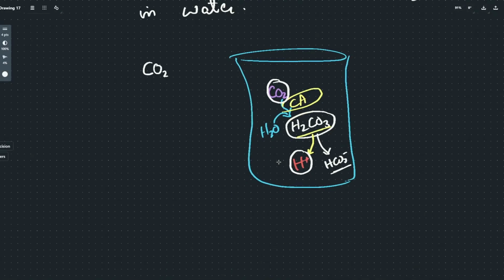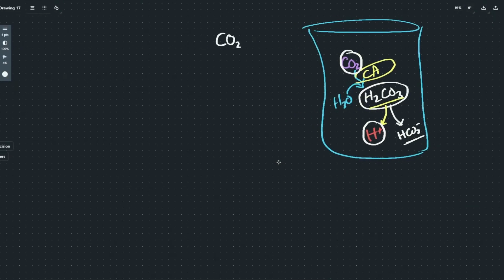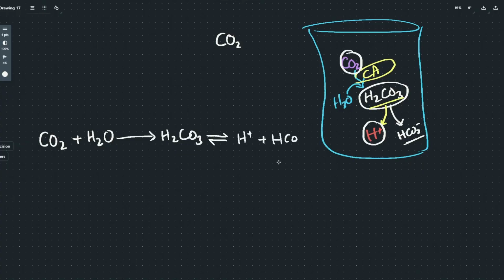So if we remove these intermediates, let me write down the reaction again. CO2 plus H2O. H2O is present in excess in our body, we have so much H2O, we don't even have to think about it. So it can form H2CO3, and this H2CO3 is itself an acid, giving HCO3 negative.